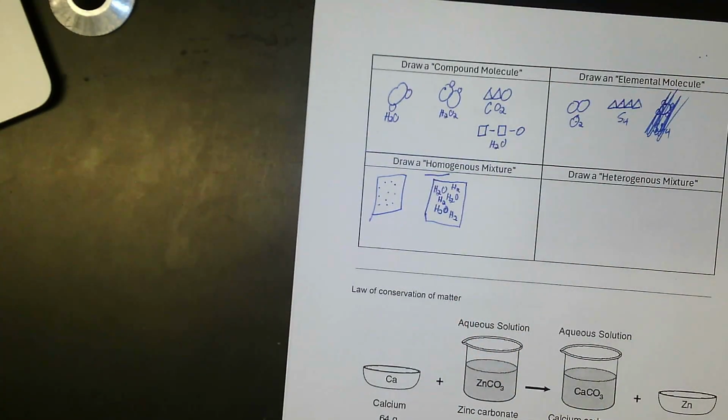So in that box I have a mixture with hydrogen and water completely mixed together in the same proportions, 3H2O, 3H2. That should be a homogeneous mixture. It is the same throughout.